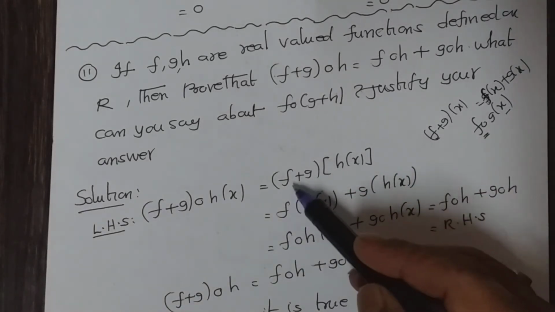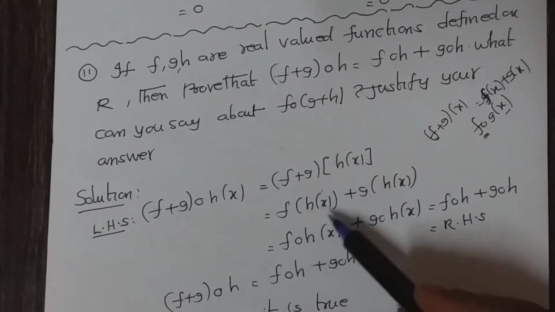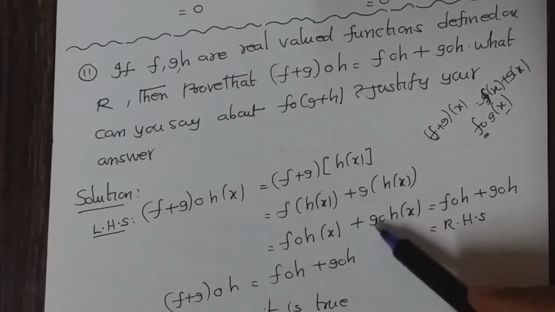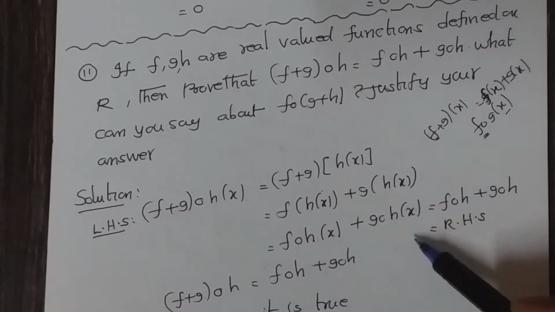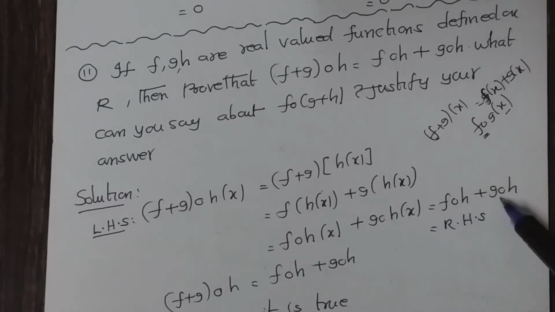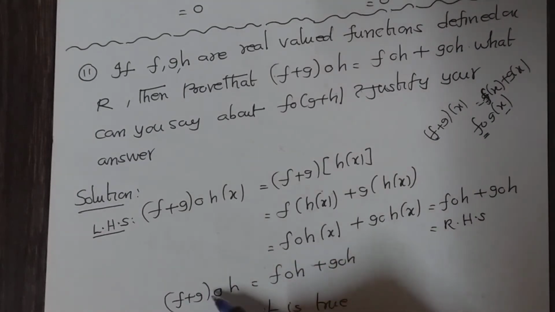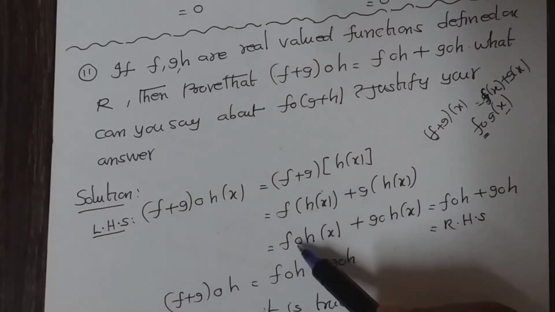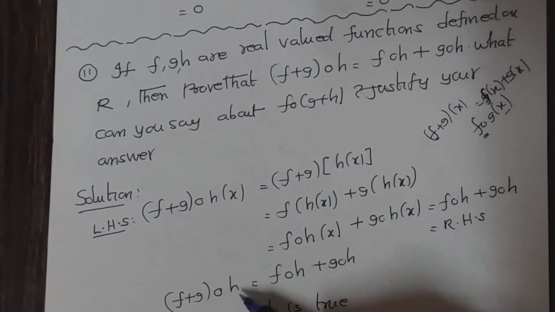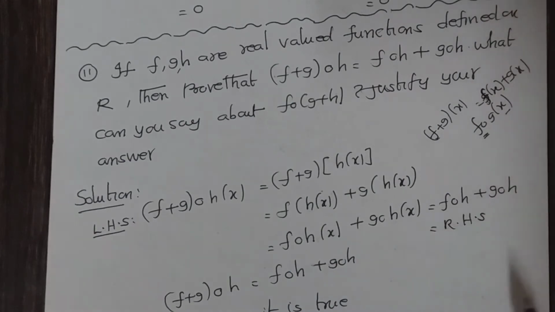Now this is f of h of x plus g of h of x. Now this f of h of x, I can write as f circle h of x. Correct only, no? And this is g circle h of x. So that is nothing but f circle h plus g circle h. So if you remove x, (f plus g) circle h is nothing but f circle h plus g circle h.